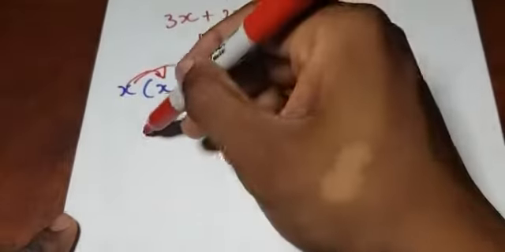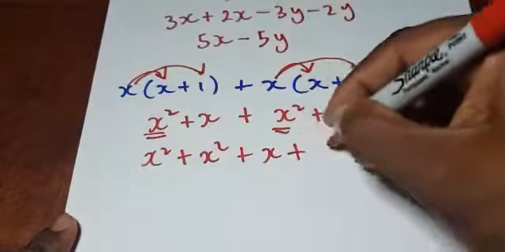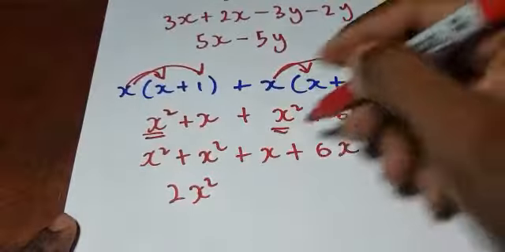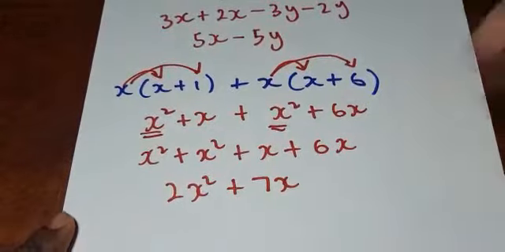So grouping like terms, x squared plus x squared, and then x plus 6x. So x squared plus x squared is 2x squared, and then x plus 6x is 7x. And that's it for that question.